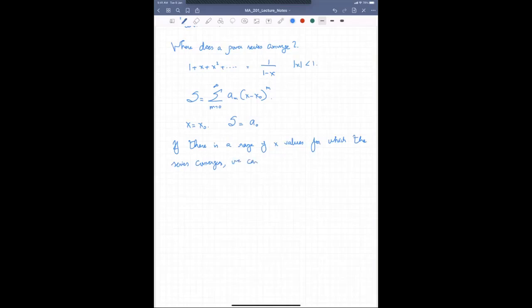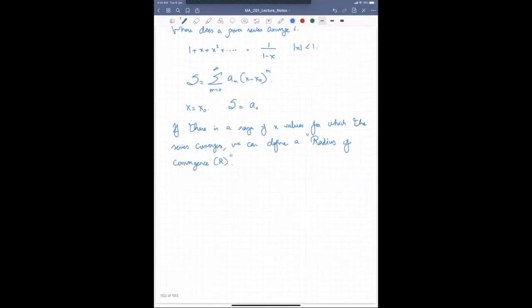If there is a range of x values for which the series converges, we can define what is called a radius of convergence R. Basically we say that the series converges for the modulus of x minus x0 less than R. So what I mean is the following.